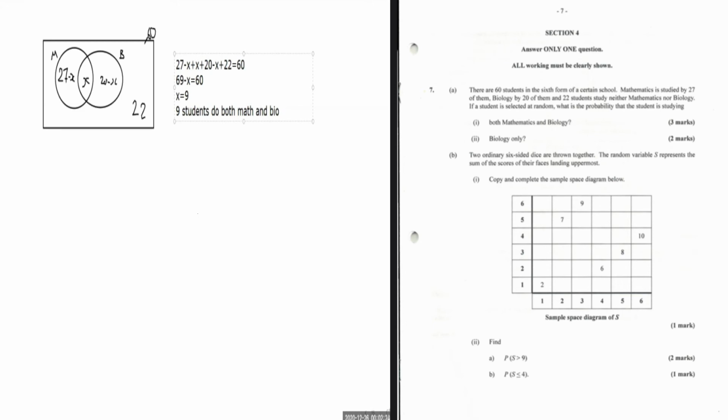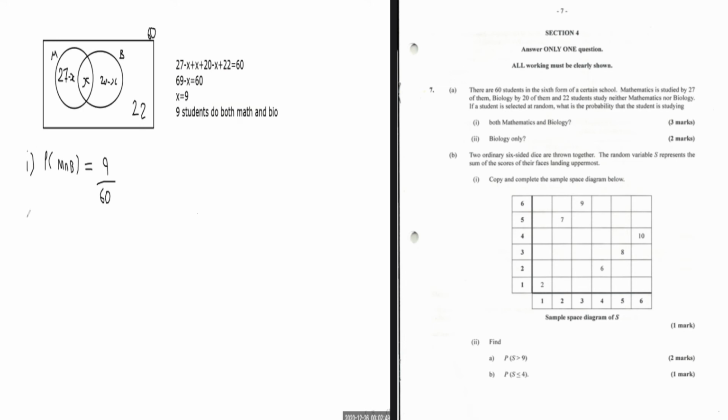So now that we found how many do both, the probability of M intersect B is equal to the total number of students that do both, which is 9, divided by the total number of students in the school, which is 60. So that's part I.